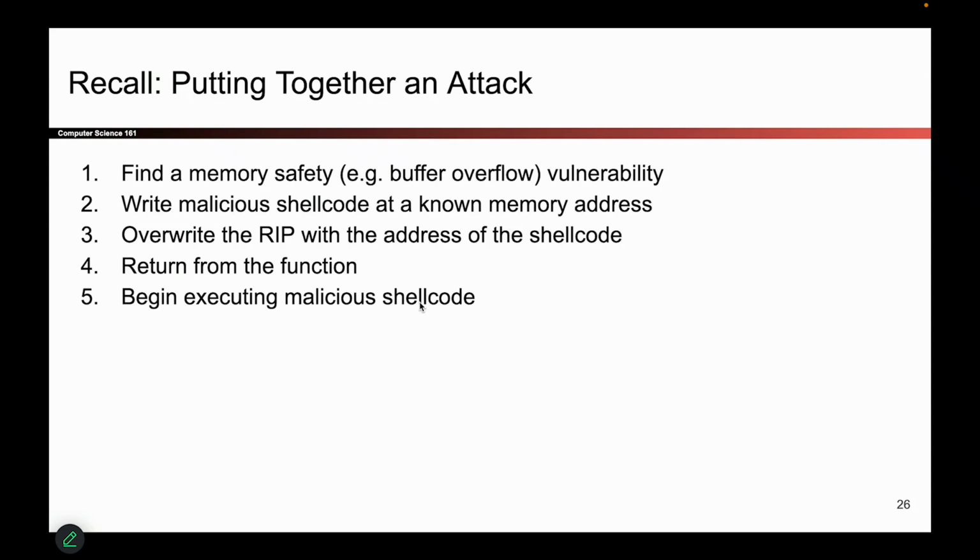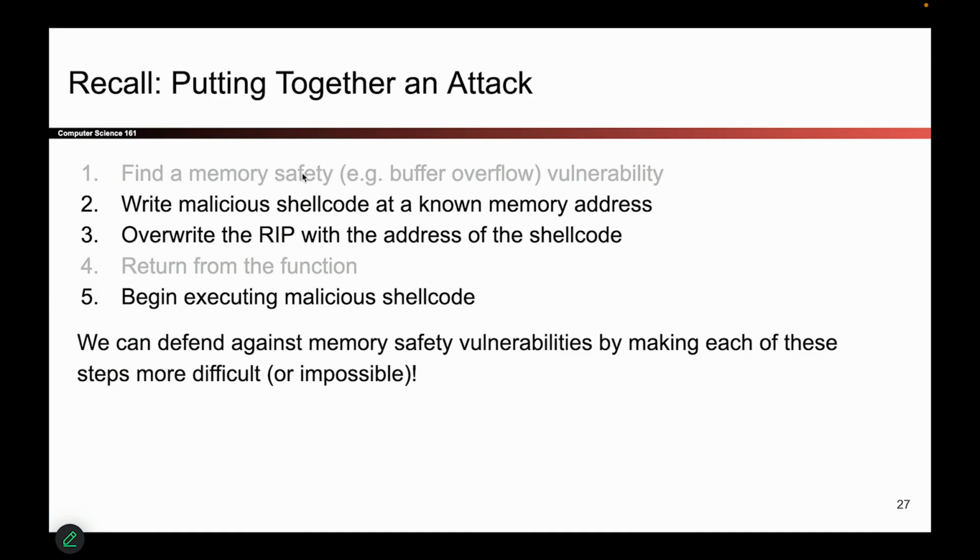So what we are going to try and do is come up with defenses that make each of these steps harder. So we can't really do anything about step 1. If the vulnerability is there, it's there. And we can't really do anything about step 4. We're going to return from the function. You can't stop function returns from happening. But we can try and focus on steps 2, 3, and 5. And in particular, we'll look at 3 mitigations, 1 for each of these steps.